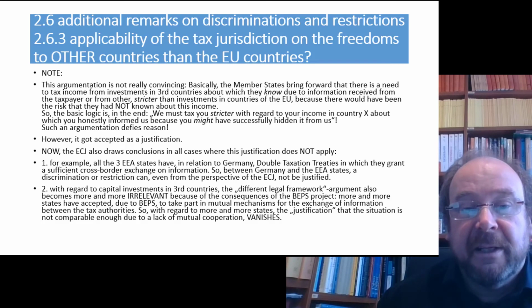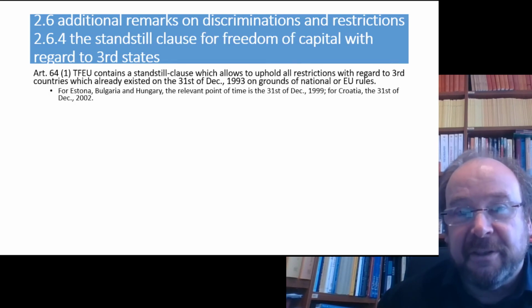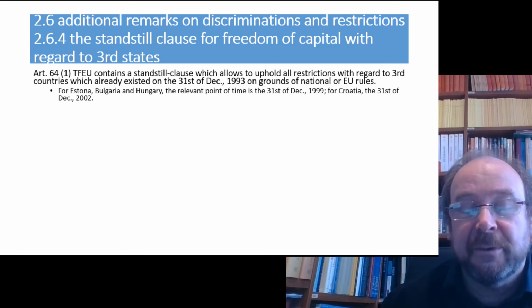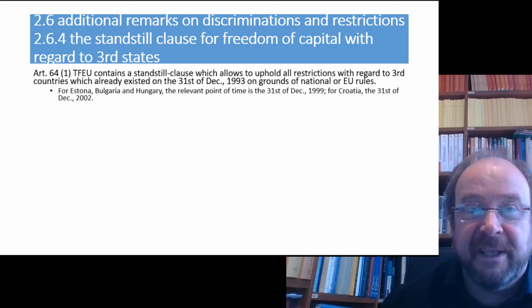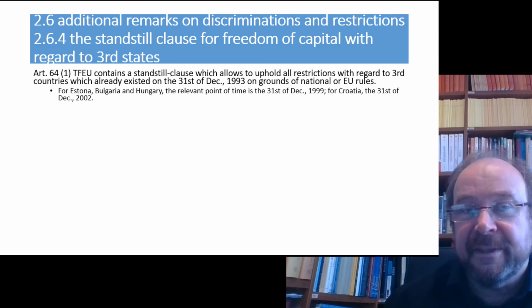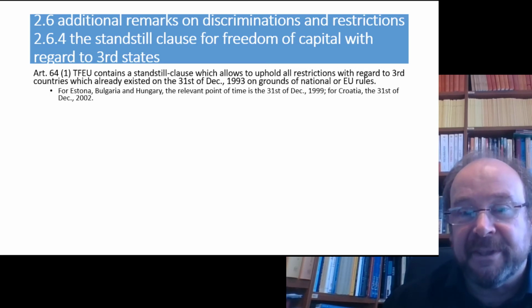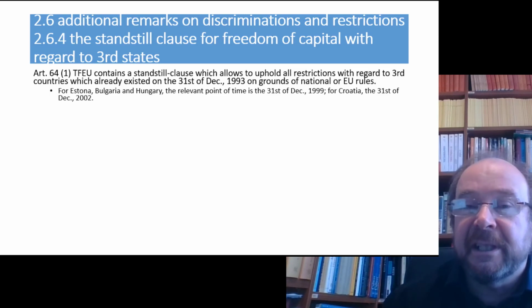Well, and now, naturally, there are some additional clauses and special rules in the treaty which sometimes allow to make distinctions with regard to capital invested in third countries or invested by third country people in the EU. Especially Article 64 says there is a standstill clause which says the member states can uphold all restrictions with regard to capital investments from or in third countries if these restrictions already existed on the 31st of December 1993.